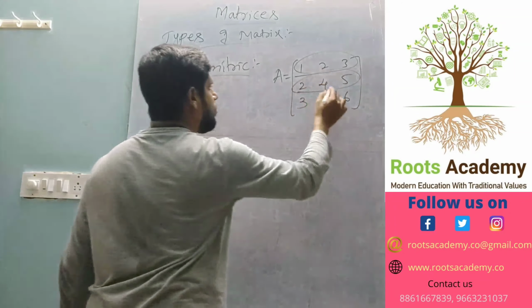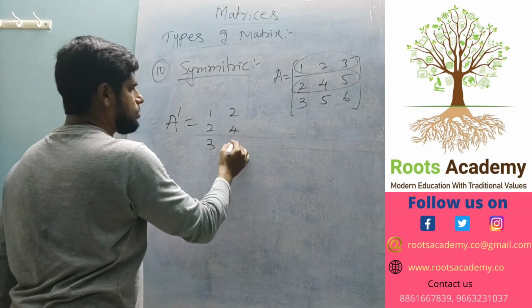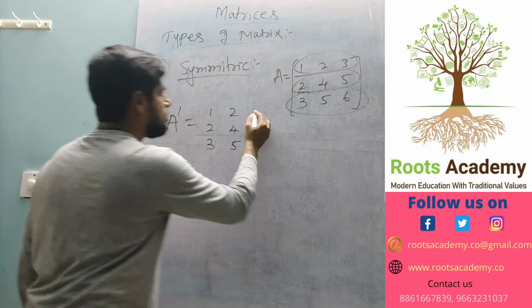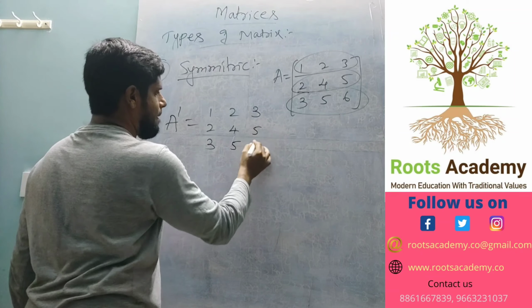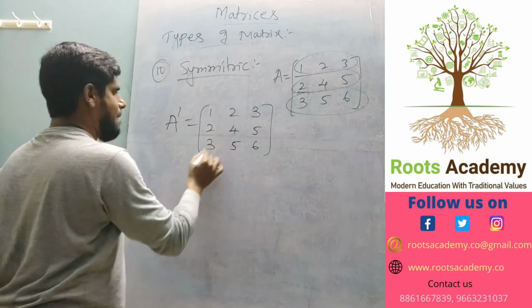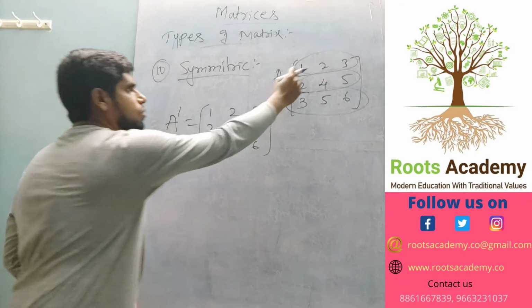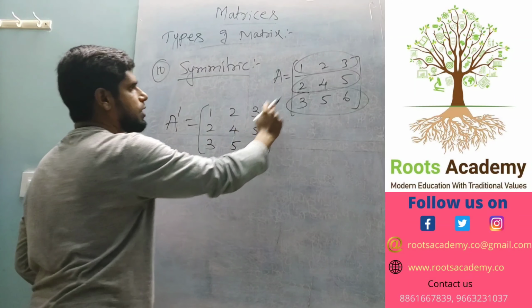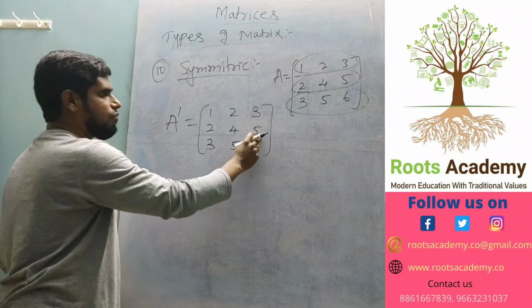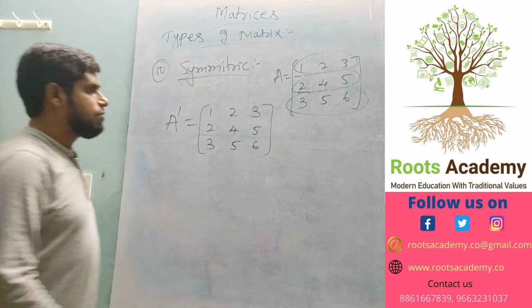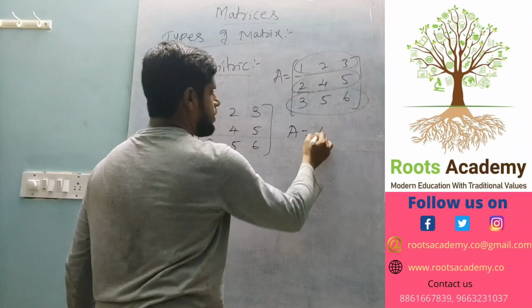Next, this is the second row, 2, 4, 5, second column. Next, third row, third column. Let us check, are these two things equal? 1, 2, 3, 2, 4, 5, 3, 5, 6 in both. Yes, student. We got A equals A transpose.